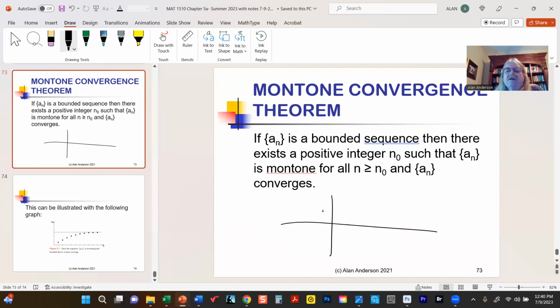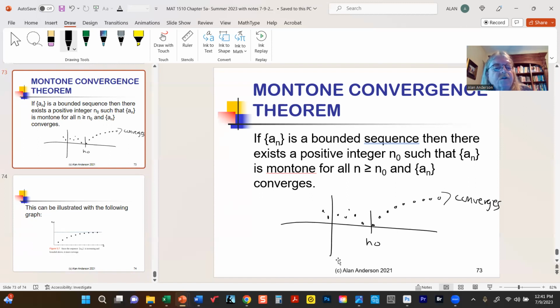In other words, even if the pattern is different up front, when it reaches a certain value n0, from then on it only increases, or possibly it only decreases. Then it converges in spite of its strange behavior back here before n0 was reached. So this is guaranteed to converge.